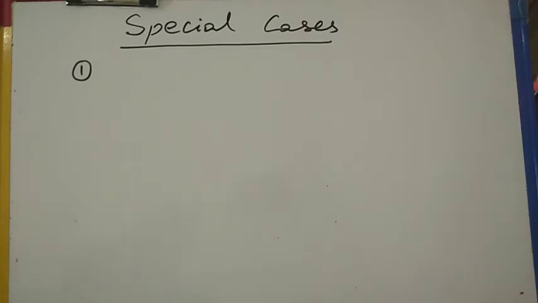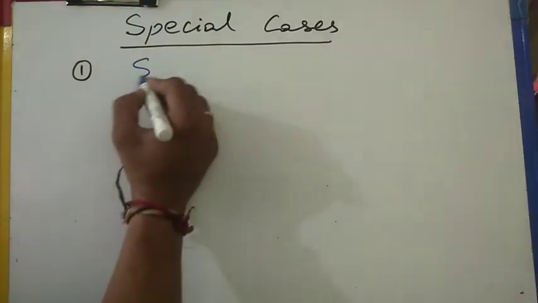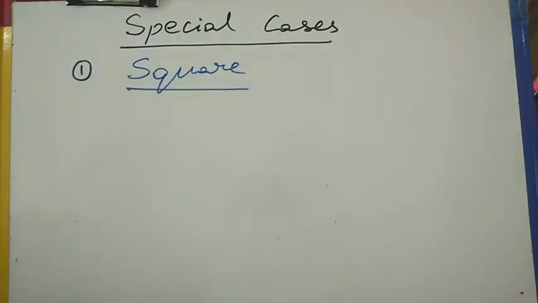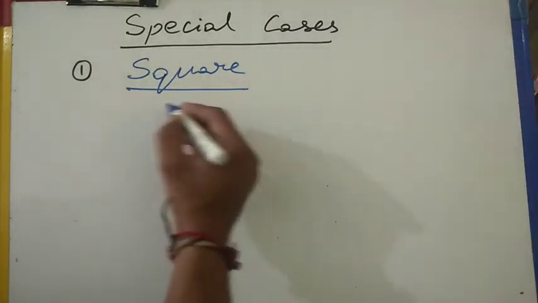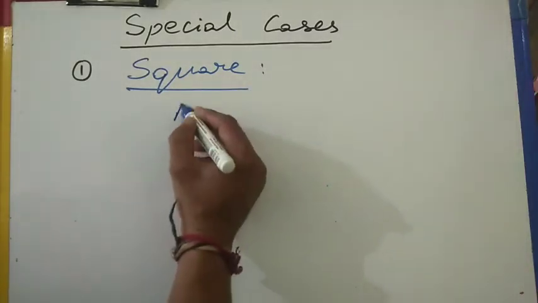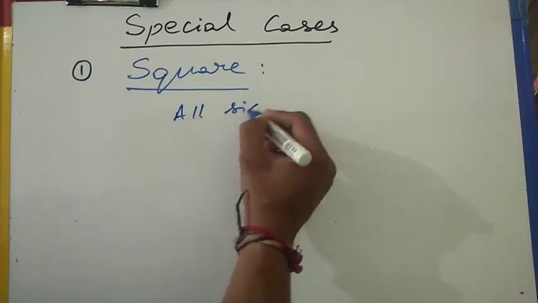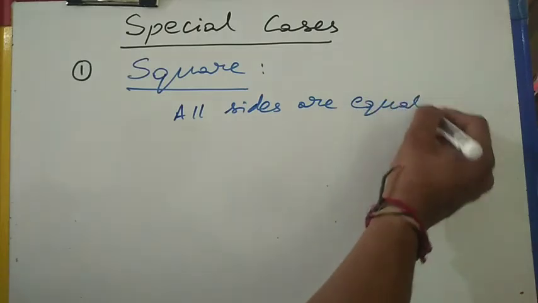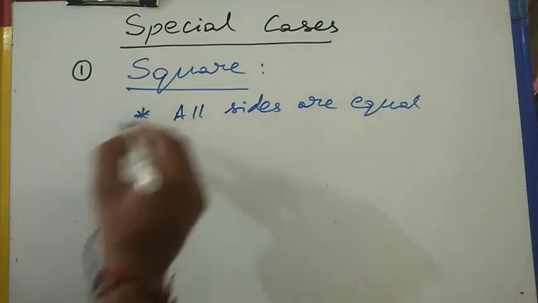Students, now let us come to the special cases of quadrilaterals. What are the special cases of quadrilateral? Children, very simple. You have learnt types of quadrilaterals, in that square is one of the special type of quadrilateral. You know, in a square all sides equal. So, if I know one side, that is enough for me to say rest of the three sides.